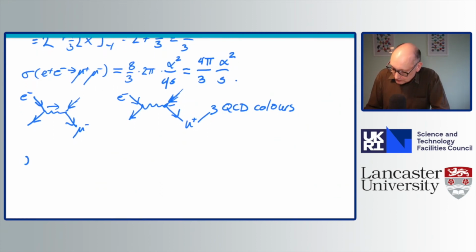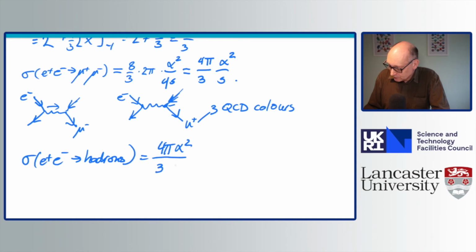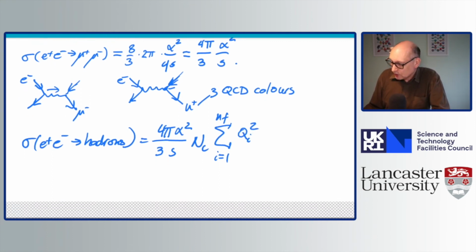So therefore, the cross section for e+ e- to hadrons will be equal to the same 4π α squared over 3s, then the number of colors that you have in QCD, and then also the sum from i equals 1 to the number of flavors that you can create, and then the square of the charge of that type of quarks.